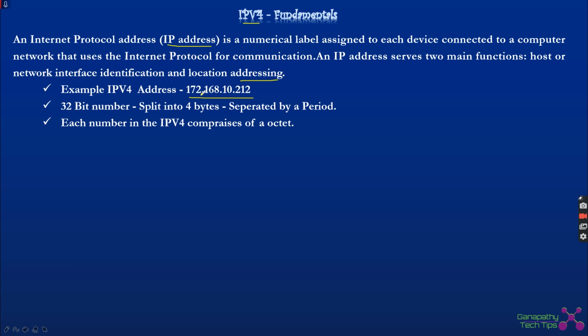Each IP address has four parts separated by a dot. It is a 32-bit number, split into 4 bytes separated by a period. This is how IPv4 addresses are represented, and each number in the IPv4 address comprises an octet.